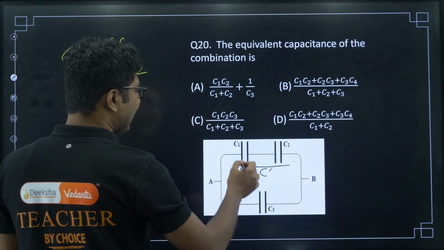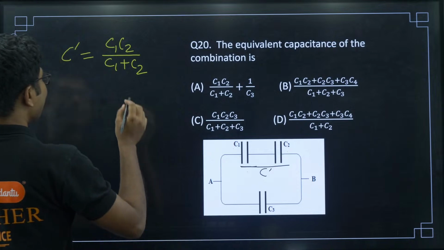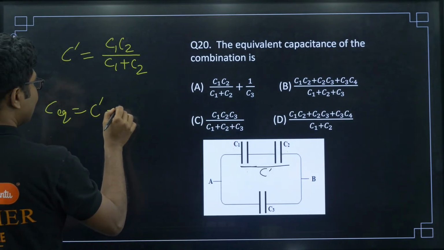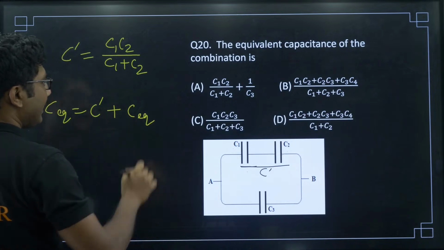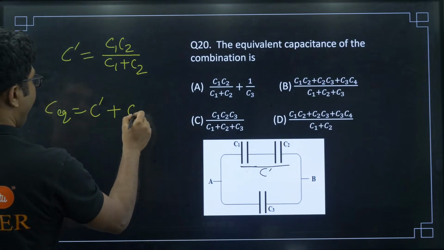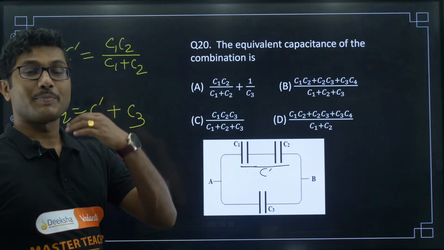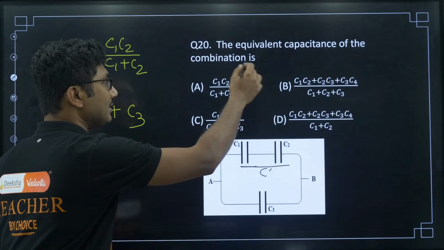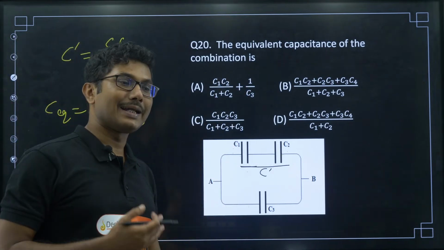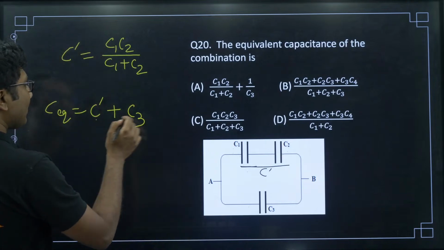Now, this one is connected in parallel. So, the total C equivalent will be C dash plus C3, not 1 by C3. They are connected in parallel. In case of capacitance in parallel, they get added. So, C dash plus C3.